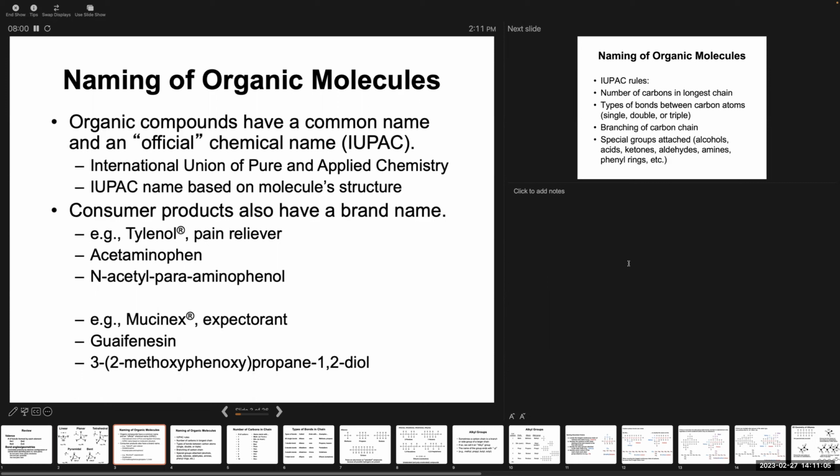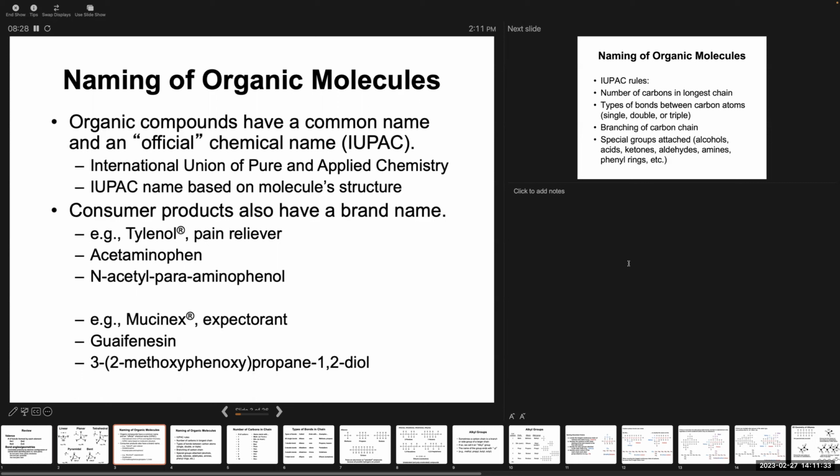And conversely, if you have the IUPAC name, you can determine the structure of the molecule just from the name. There's enough information embedded in the name that you should be able to draw the structure. As I said before, I'm not going to expect you to be experts in the IUPAC naming system. I want you to just know some of the basic rules that are applied to the naming of organic molecules.